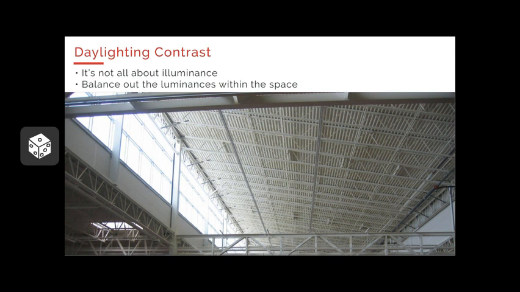This is actually a store in Colorado that wanted to go as close to net zero as possible. They did two different daylighting systems. One is the skylights, which are in the far left corner, having the light come in. Then we did some clerestory windows that would bring in the light and bounce off the ceilings.